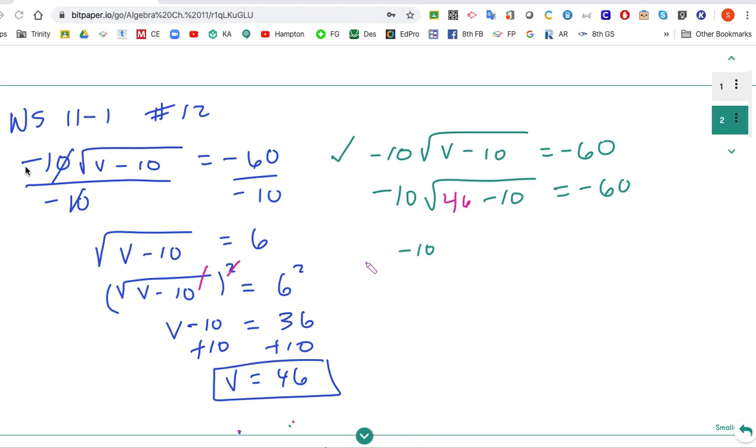Negative 10 times the square root of 36 is equal to negative 60. Negative 10 times 6 is equal to negative 60. Negative 60 is equal to negative 60. And that's how you solve radical equations.